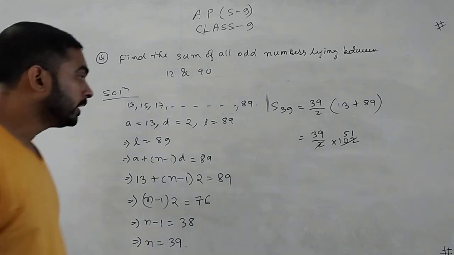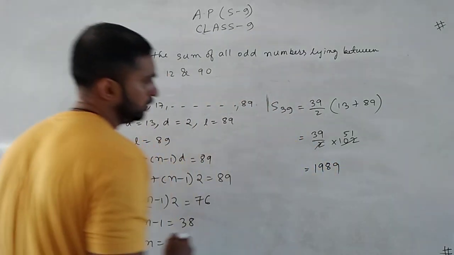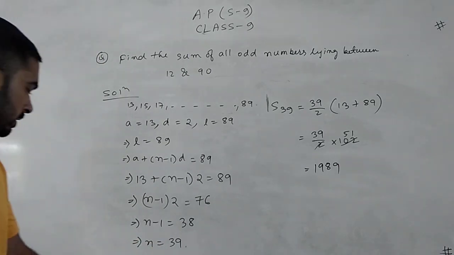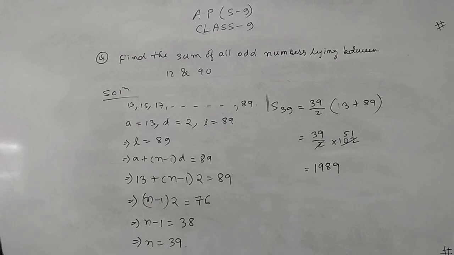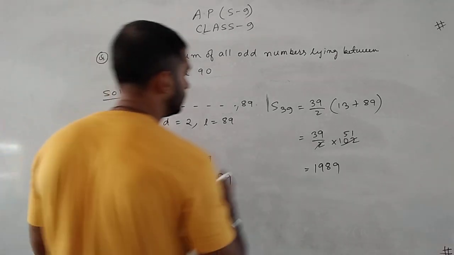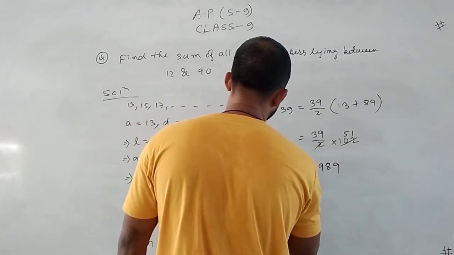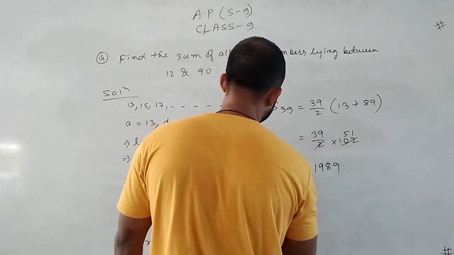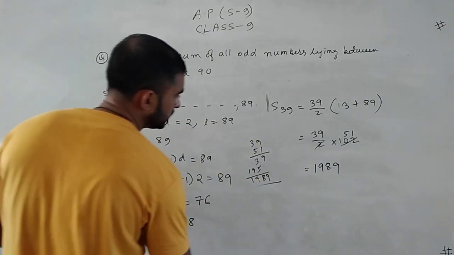Here the book gives 1989. That is the product which is given in the book. Let me check: 39 times 51, 39, 51. 1989 is correct. Correct. Yes.